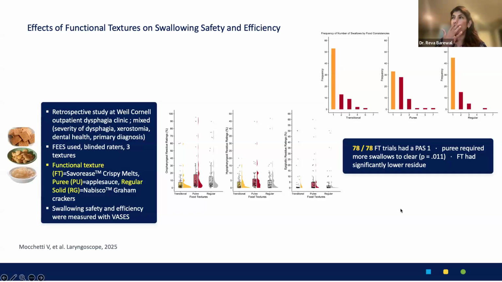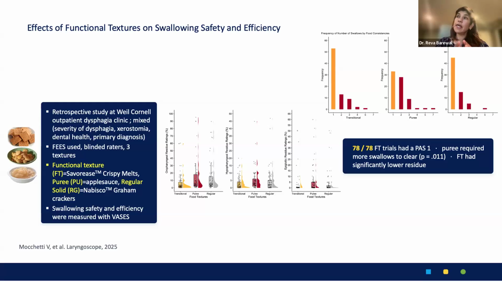They had the functional texture trials, and the majority, all of them, had a PAS of 1. That didn't show statistical significance though, because the sample size wasn't very large. But what they did see, which was significant, was that puree required more swallows to clear than the transitional solid or the functional texture.